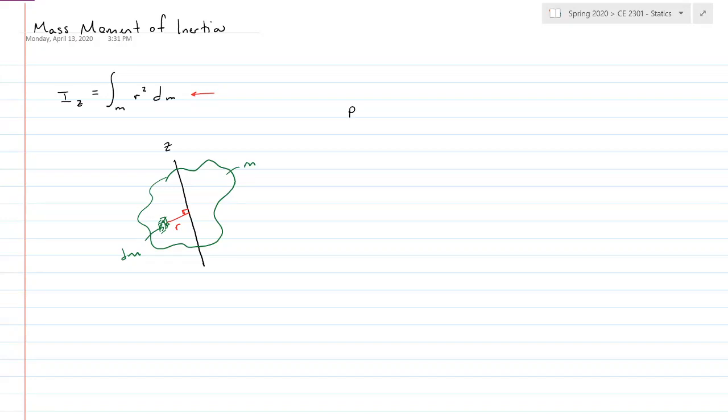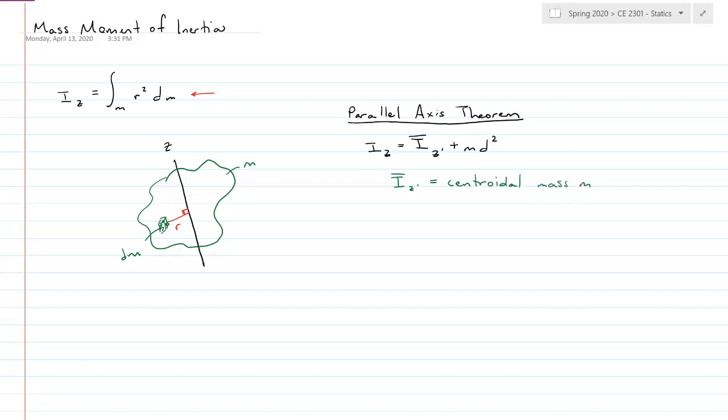There is also the parallel axis theorem for mass moment of inertia, and it is I_Z equals centroidal I_Z prime plus M D squared, where I_Z prime equals the centroidal mass moment of inertia.